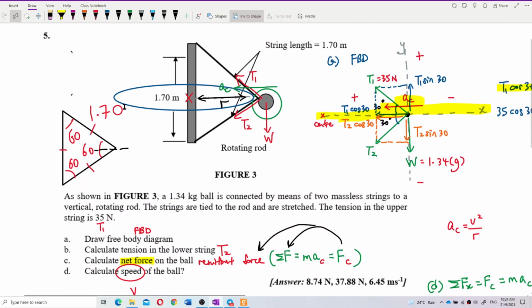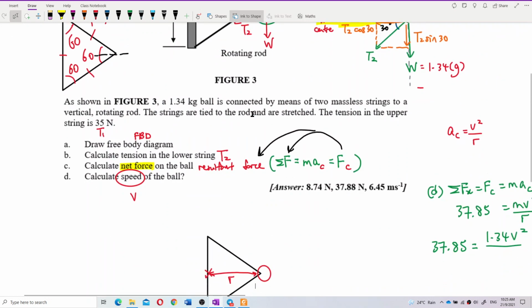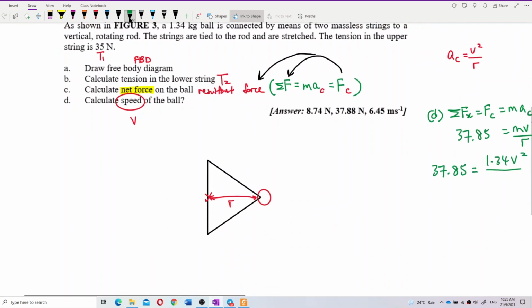We know that the sides are 1.7 each. Equilateral triangle. So this is 1.7, this 1.7, and it's 1.7. However, we need to divide into 2. So this one is what? Let's find out. Yeah, 1.7 divided by 2 is 0.85. So we can find this is 90 degree.